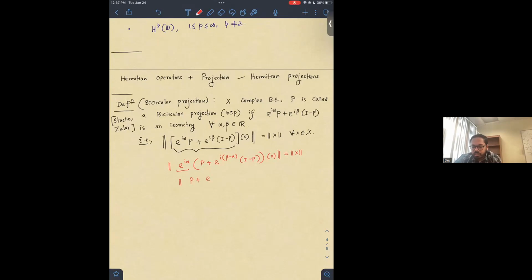So it's nothing but negative i t (I minus P), where t is just a real number. Since it's symmetric, this definition is actually equivalent to saying this thing as well. So from now on, just to simplify our work, we can use this definition.